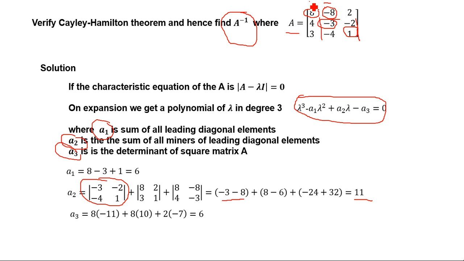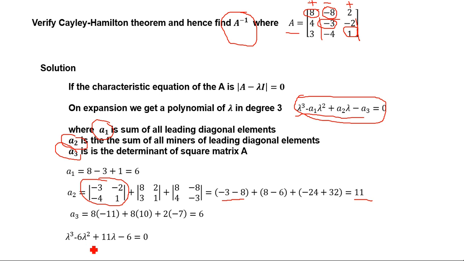First one is plus, second one is minus, third one is plus, alternately plus minus plus. Then 8 into minus 11 plus 8 into 10 plus 2 into minus 7. So what is the value? 6.